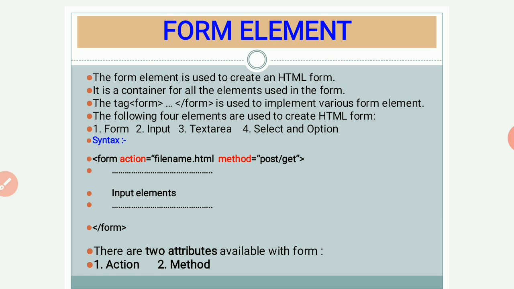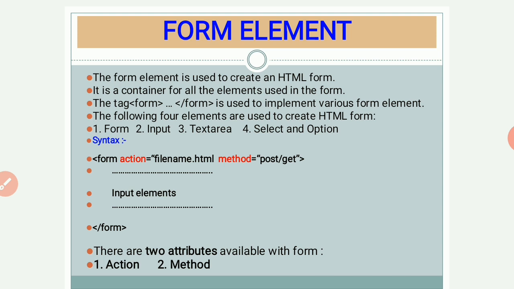That is, all the elements that are used in a form, the form tag is a container for it. The tag form and slash form is used to implement various form elements. That is, various form elements can be used between form and slash form.